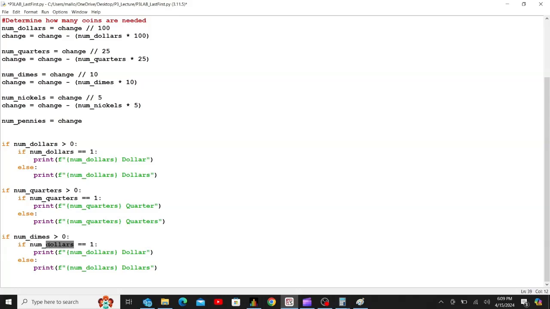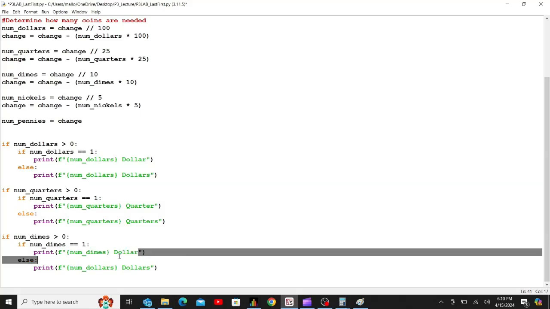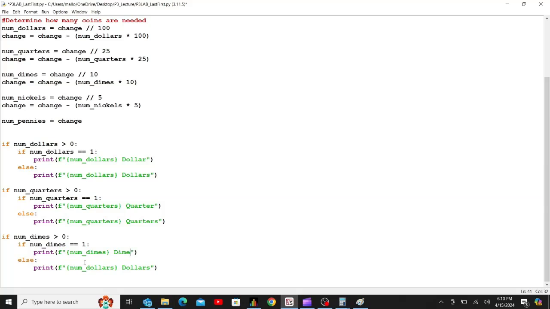So if the number of dimes is 1, we will print out the variable, which would have to be 1, right? And we will say dime. And if it's not 1, then it has to be greater than 1. And we are going to put the word dimes with an S. Let's do it again for nickels, and let's do it for pennies.